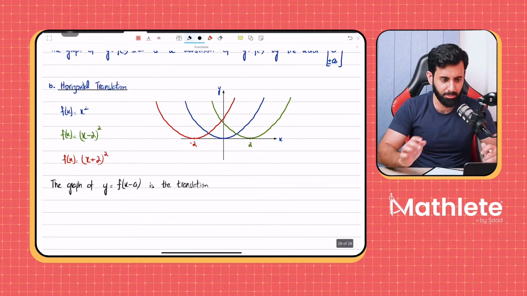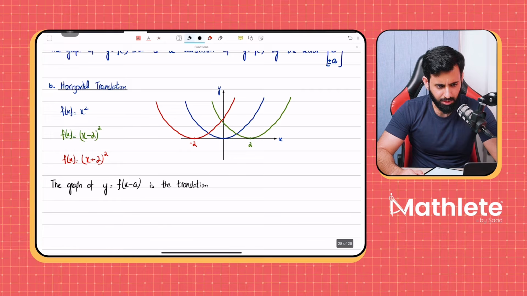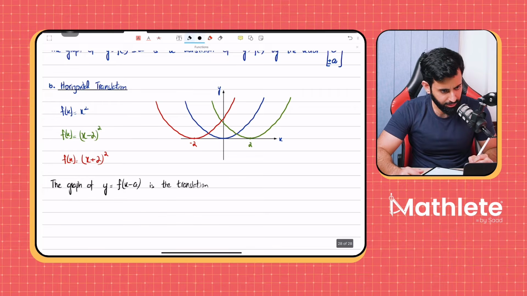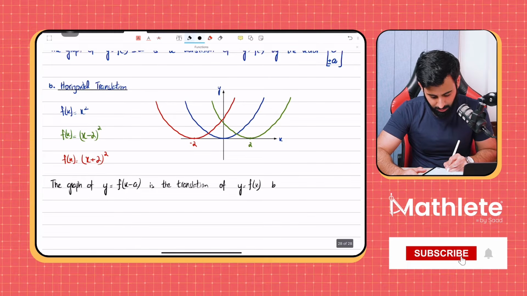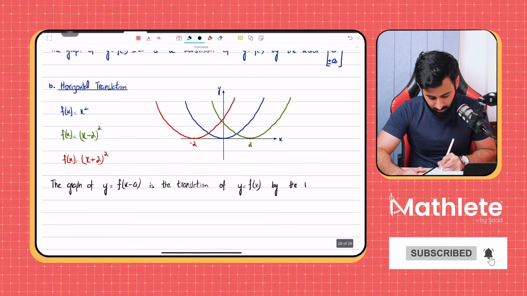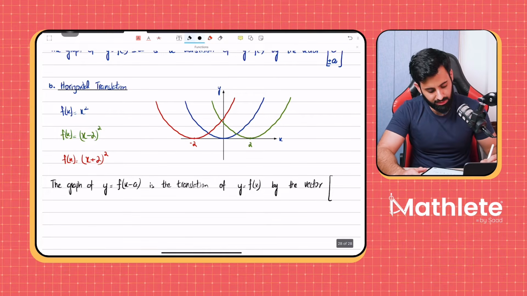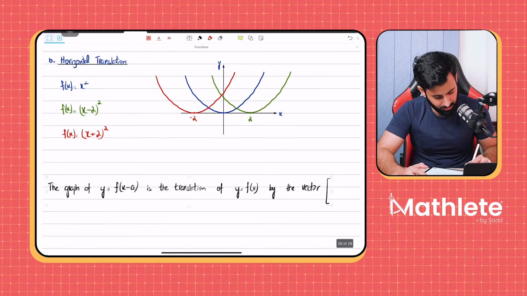It does get confusing, but I have a summary, basically, a cheat sheet, you can say, which you can refer to over and over again and clear your doubt if you ever get stuck. f of x minus a is the translation of y equals f of x by the vector. Now, since we're subtracting something, let's make a note here that a is a positive constant.